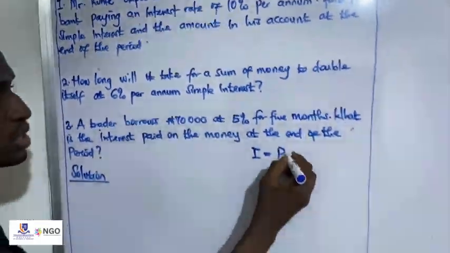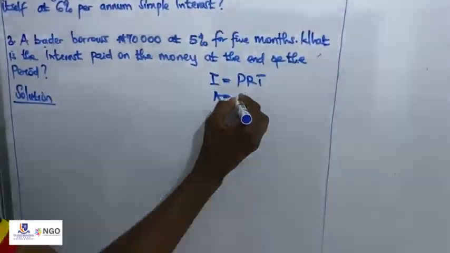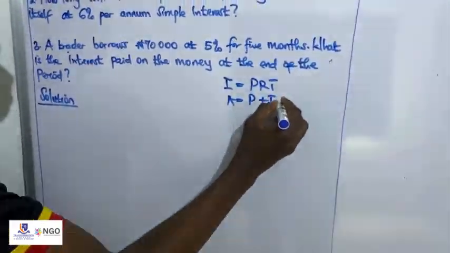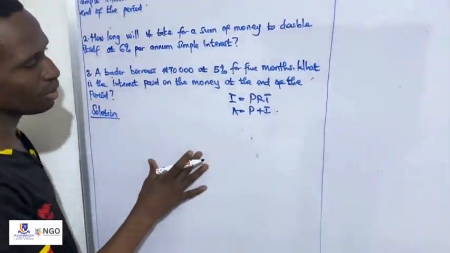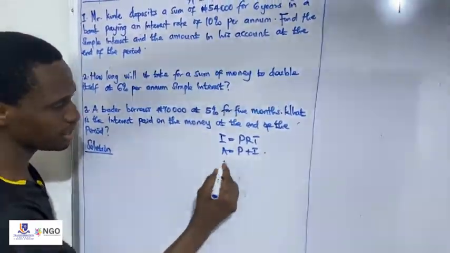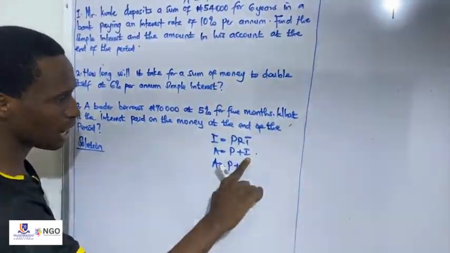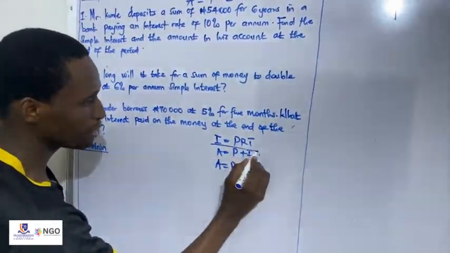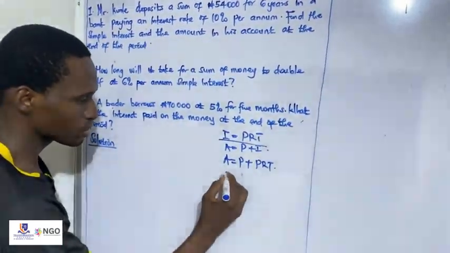Interest equals PRT. Now, A equals P plus I. So we can build this formula in a more advanced way by saying A equals P plus PRT.